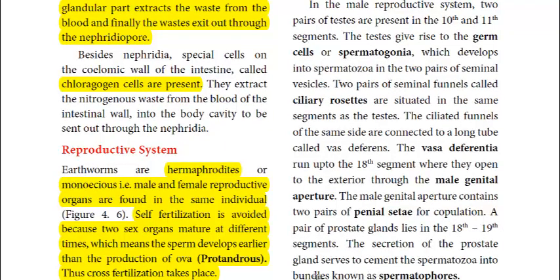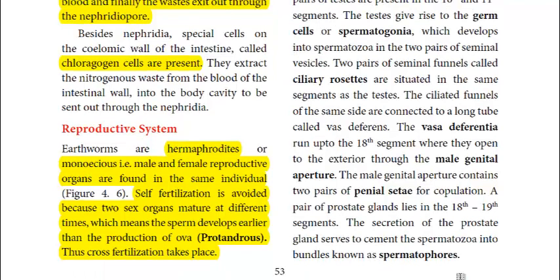The secretion of the prostate gland serves to cement the spermatozoa in a bundle known as spermatophores. இது வந்து தனித்தனியா ஒரு ஸ்பெர்மா ரிலீஸ் ஆகாம ஒரு பேக்கேஜா, ஒரு பண்டலா spermatophores மாதிரி அது release பண்ணும். Spermatophores அப்படின்னா என்னது? It's a bundle of sperms, cemented together, formed because of the prostate gland secretion. அதோட secretionனால இந்த sperms எல்லாம் ஒரு bag மாதிரி form ஆகி release ஆகுது.